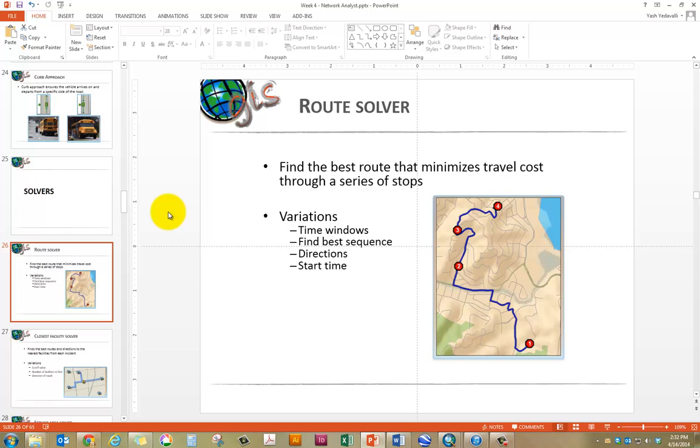The best route optimizes the travel cost through a series of stops. So essentially you can find the best sequence, the best stops, and get directions and start time and so on, so that you can get the best customized route possible for your travel.